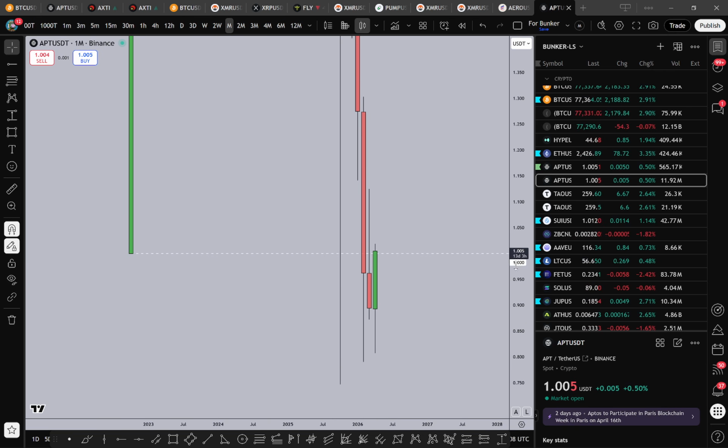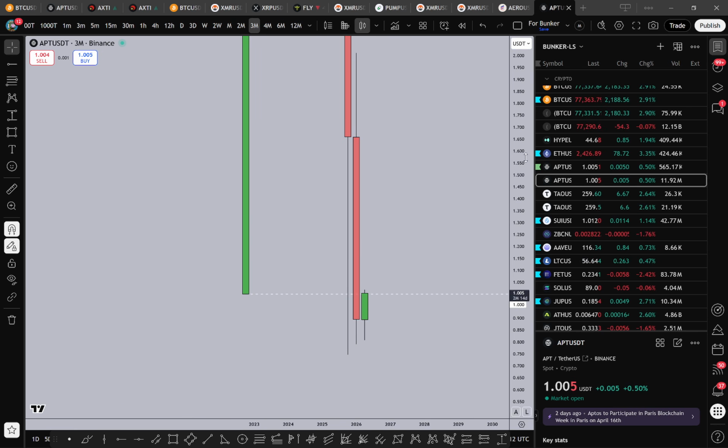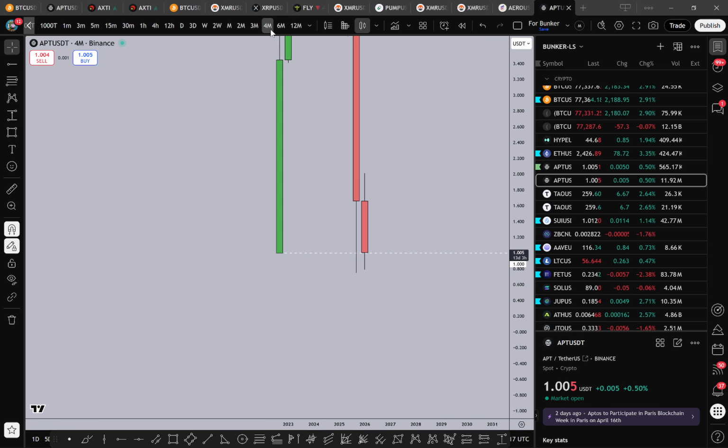Have we got anything on the monthly I can use? Got a seller zone. What about the 3 months? There's your last quarterly close. There's your 4-month buyer zone here. So the high time frame, your target would be 120, right? Based on your last high time frame close. No, sorry, that's not the last.